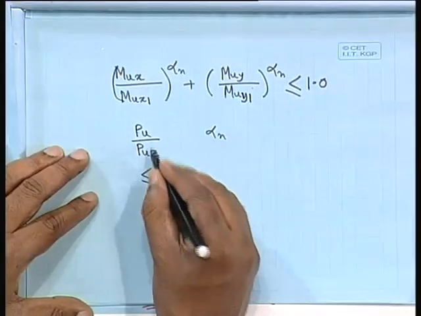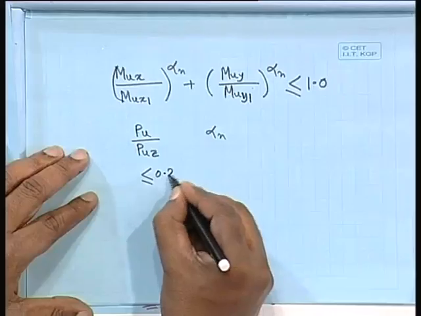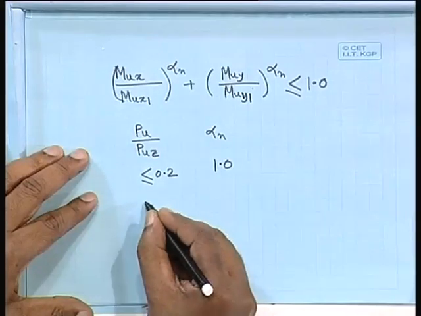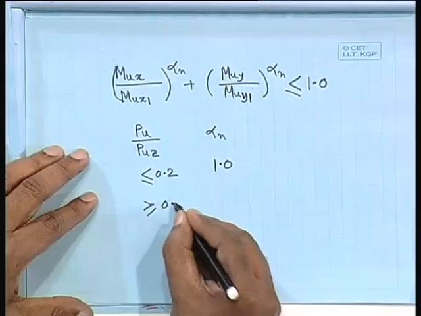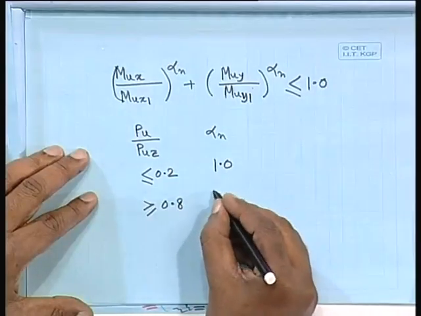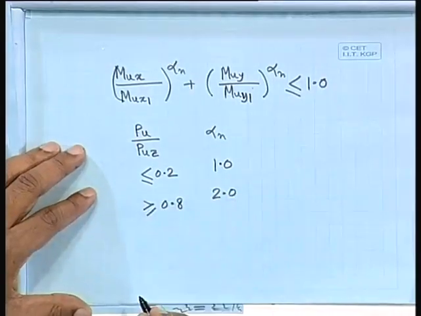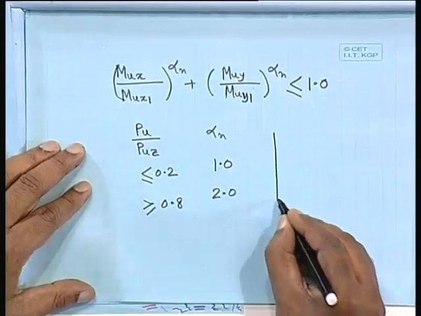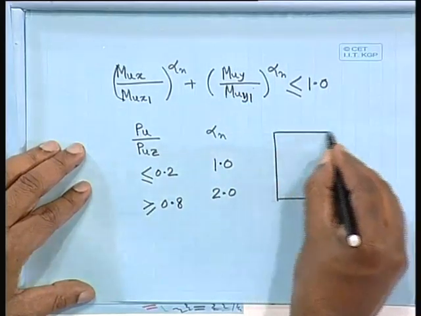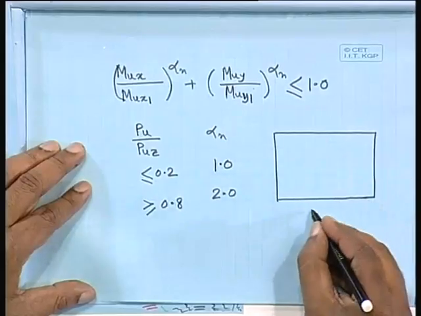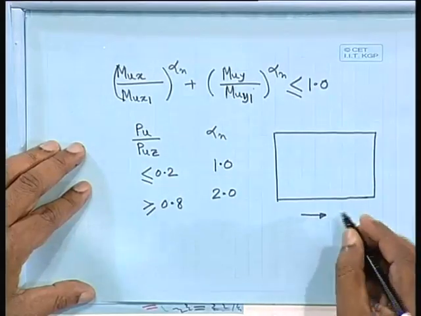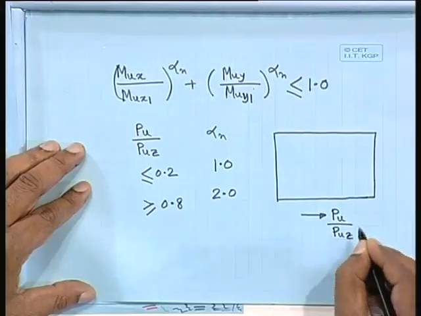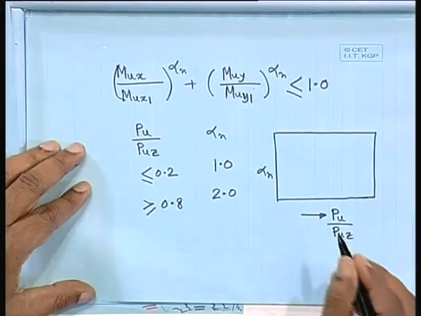If Pu by Puz is less than or equal to 0.2, then alpha n will be 1, and if it is greater than or equal to 0.8, then it will be 2.0. The curve looks like this: this is your Pu by Puz, and this is your alpha n.